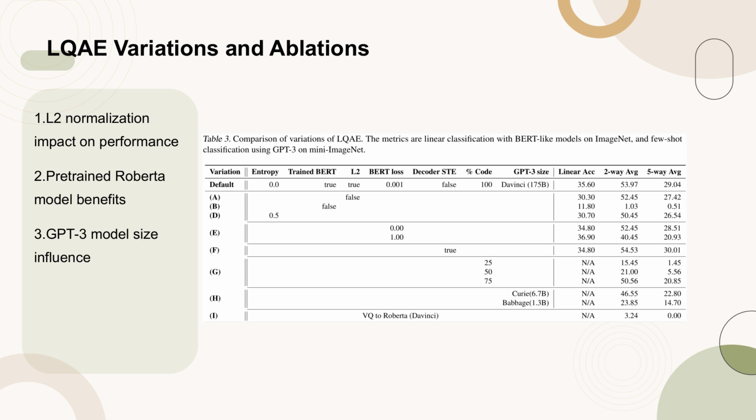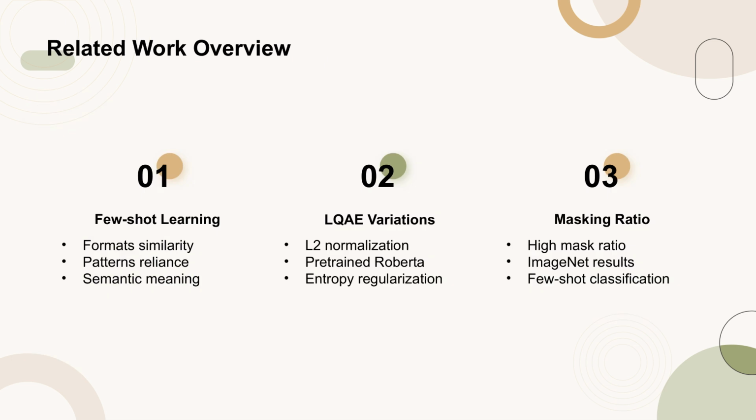tasks. In the related work, previous studies have shown that few-shot learning often relies on format similarity and patterns rather than the exact semantic meaning of prompts. This is evident in works by Min et al. 2022, Lampinen et al. 2022, and Webson and Pavlick 2021.